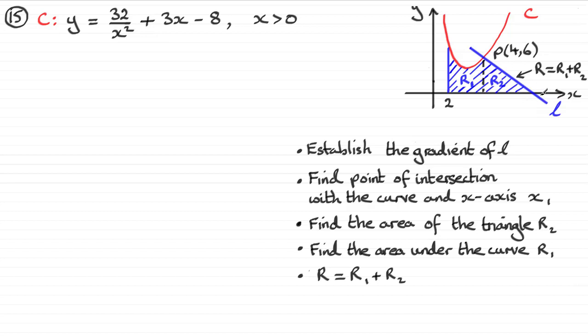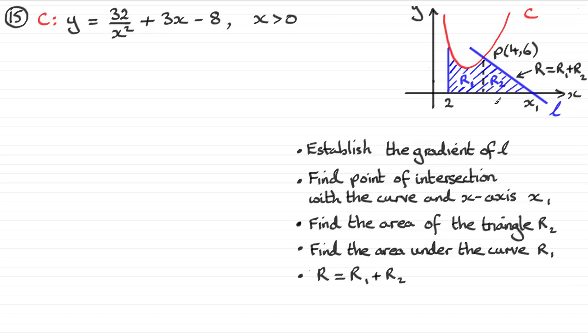And once I've got that gradient, I'll be able to find the point of intersection of this line with the x-axis. Okay, I'll show you how we do that later on, but I'm going to call that point x1. So we're going to find that point x1. And then I'm going to work out the area of the triangle R2, because we'll be able to know this base length.